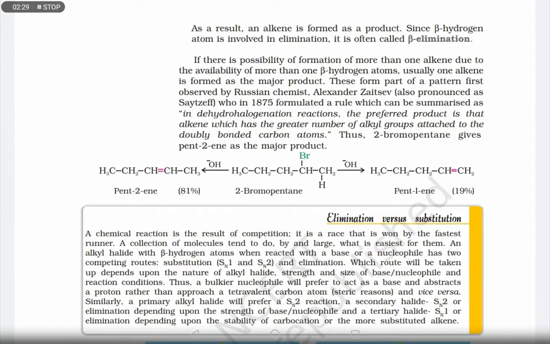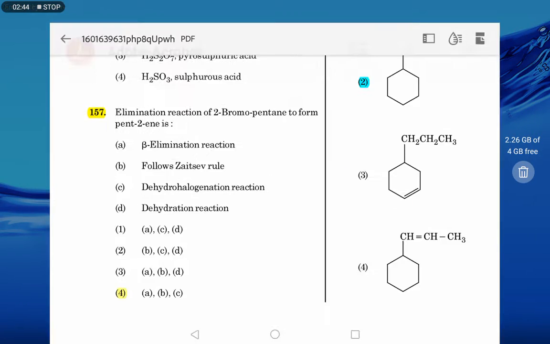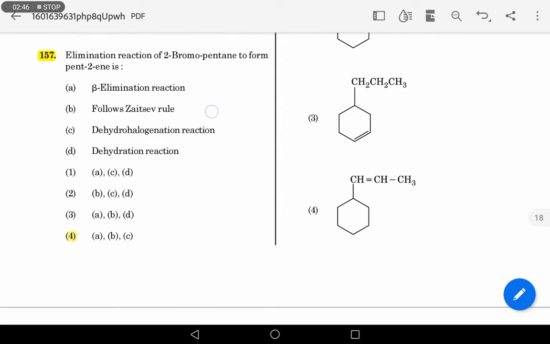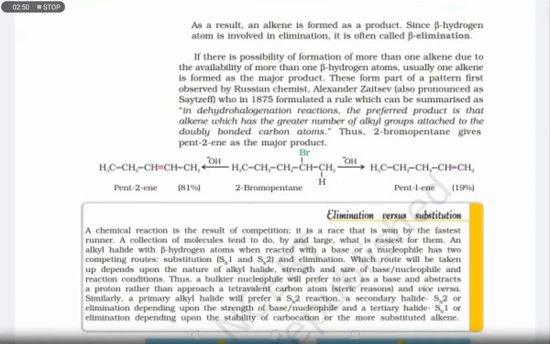If the product is pent-1-ene, the case is different. It is against Zaitsev's rule. Since the product is pent-2-ene, the reaction follows Zaitsev's rule, and hence beta elimination reaction is correct. Dehydrohalogenation or dehydration?